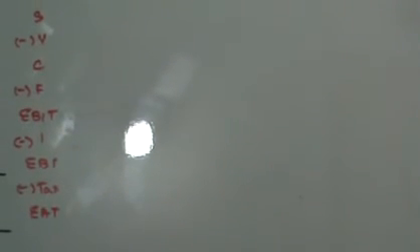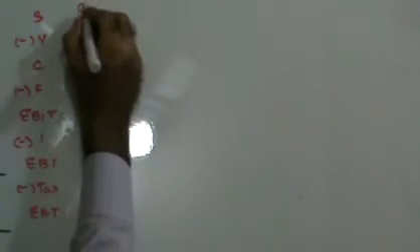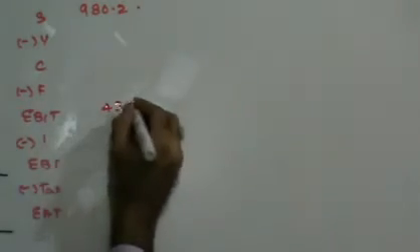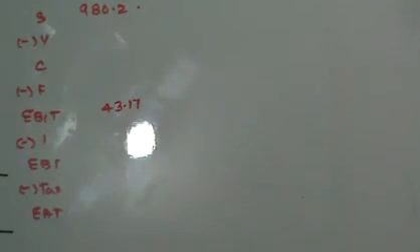Let's see this. They've given you that Zoro Shirts has gross sales of 980.2 crores. Net worth of the company is 152.31, borrowing is 165.47. EBIT is given to you as 43.17.